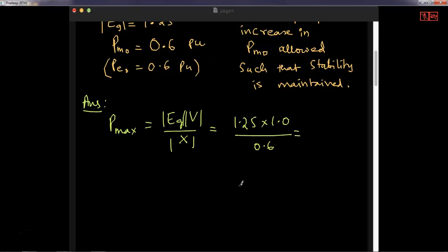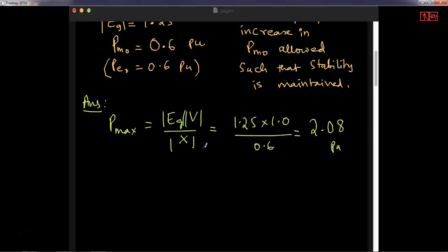So let's calculate how much it is. I go to my Octave interface. 1.25 by 0.6, 2.08 is my Pmax.